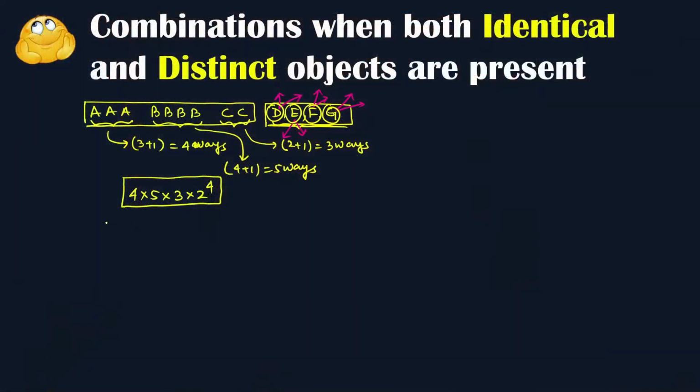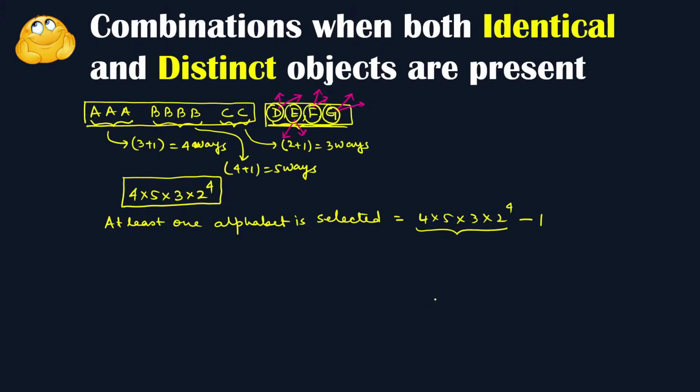So in this case, when they say at least one alphabet is selected, then your answer will be 4 into 5 into 3 into 2 to the power 4, minus 1, because this involves one case where no alphabet is selected. So that case has to be subtracted from here to get my final answer. I'm not going for calculation. Try to understand. That is why I'm showing it. Is it clear? So that particular option has to be subtracted.